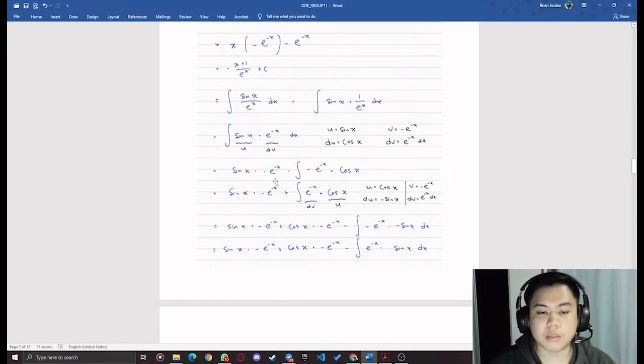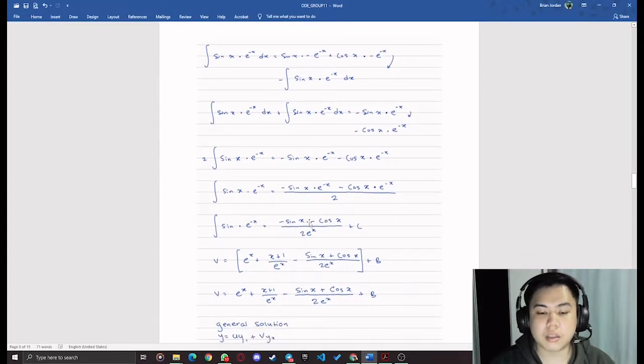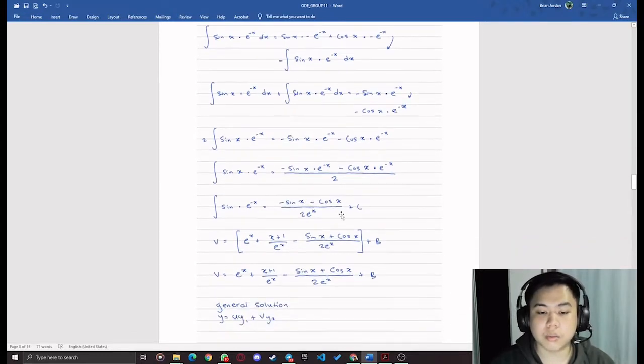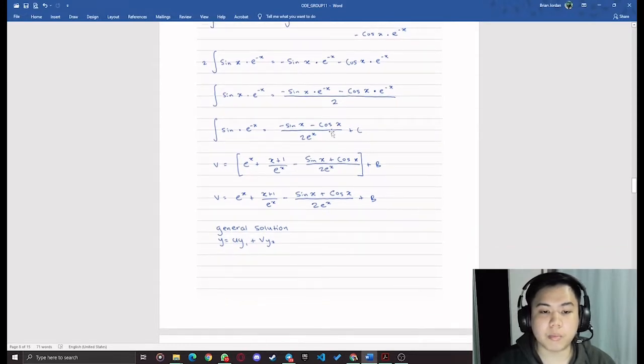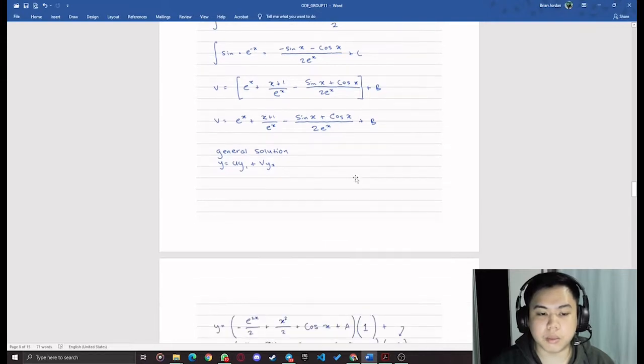And for the last part, what I get is minus sine x minus cos x over 2 exponent x plus c. And then we plug in all the solutions that we get into this v, and what we get is exponent x plus 1 over exponent x minus sine x plus cos x over 2 exponent x plus b.